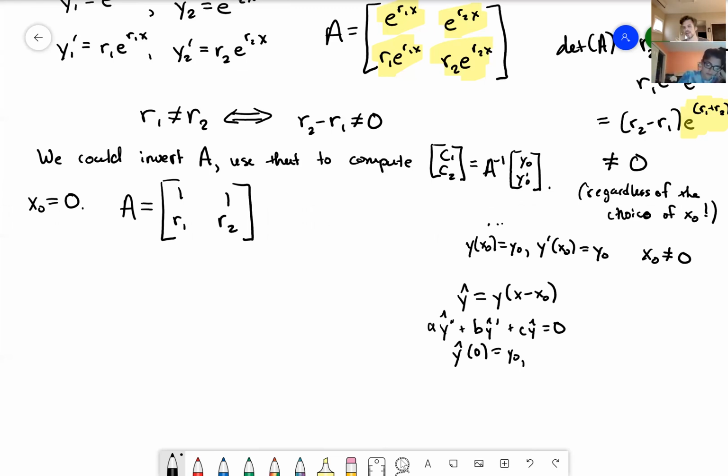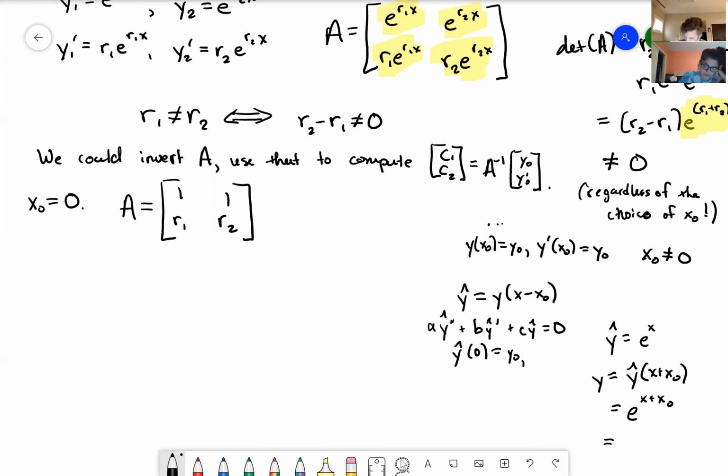So we can always transform the problem into one where the initial condition is 0 just by shifting the solution. And then when we go back to the other one, let's say we had y hat is equal to e to the x. Then y would be equal to y hat of x minus x0, which would be e to the x minus x0.